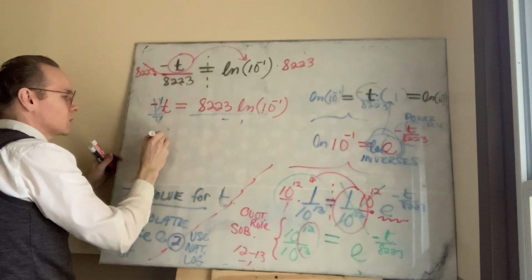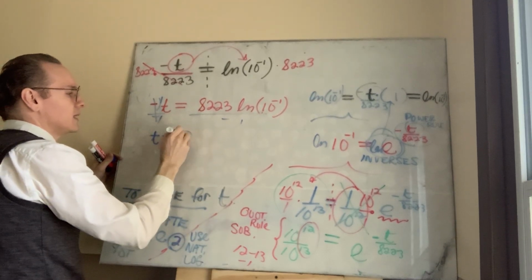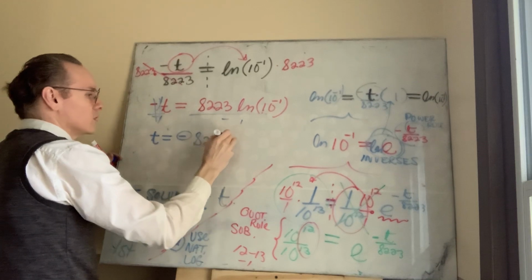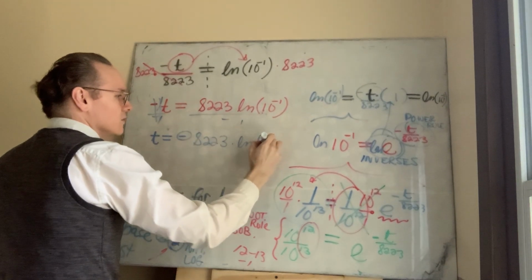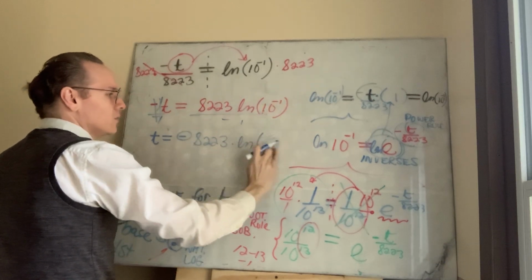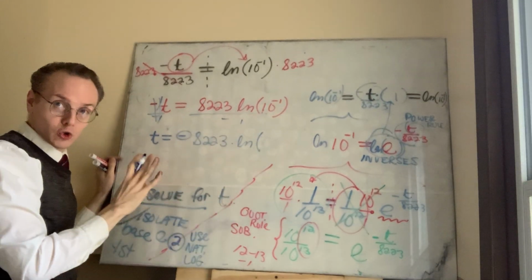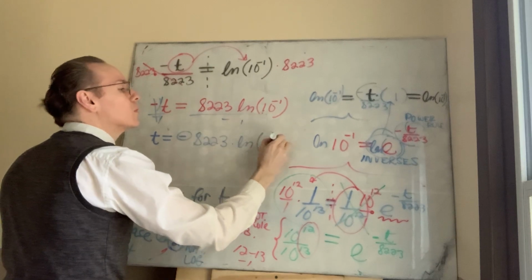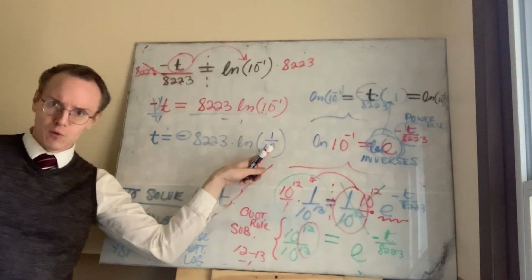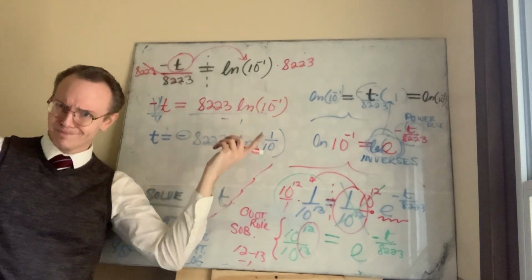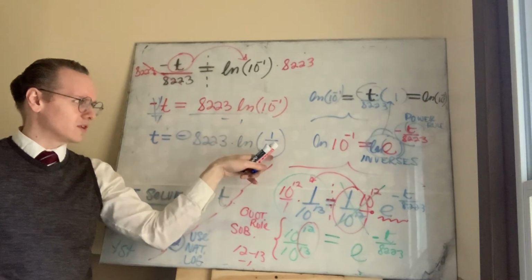Or just acknowledge, well, t would have to be negative 8,223 times the natural log of, either you could just write it as 10 to the -1, or to conform to good etiquette, put it in fraction form rather than negative exponents. This is the same as this.